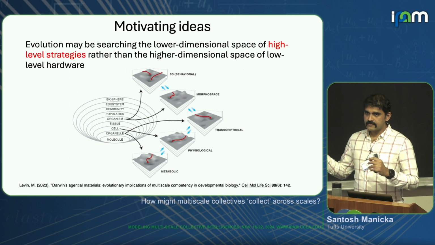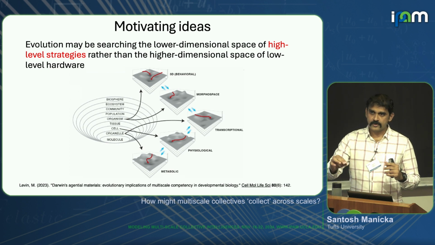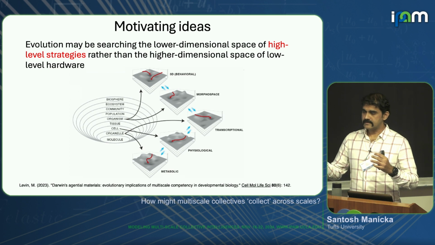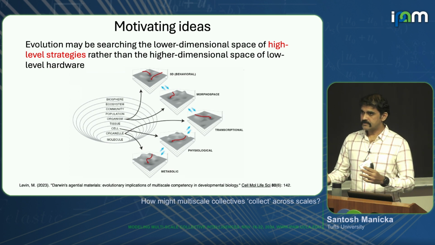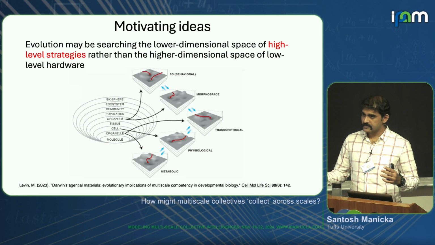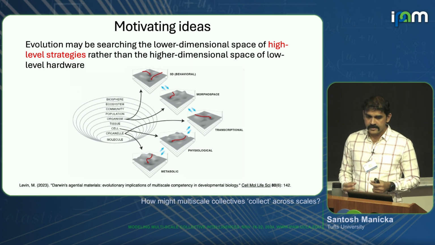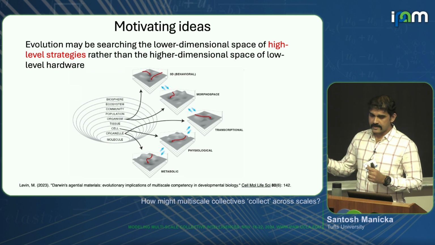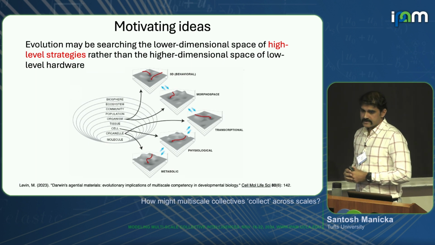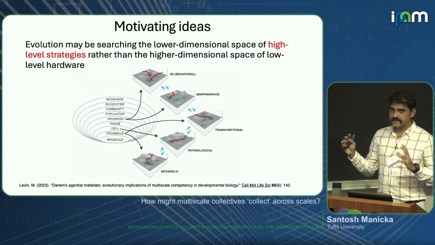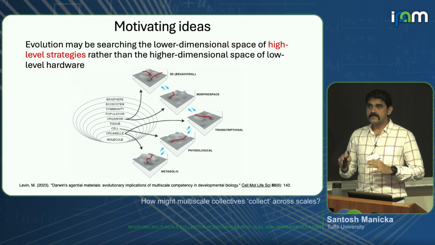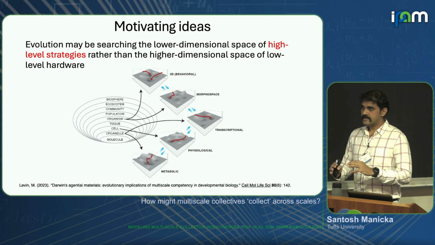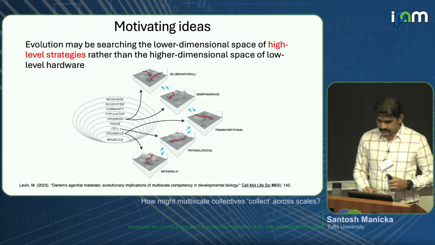We want to get from one point to another point, the lowest point of the free energy, which is the safest point for life to dwell in. So it's the same kind of navigation problem occurring at all of these scales. And Mike makes this bold hypothesis that evolution may be searching for these high-level strategies rather than the low-level hardware that we find in life.